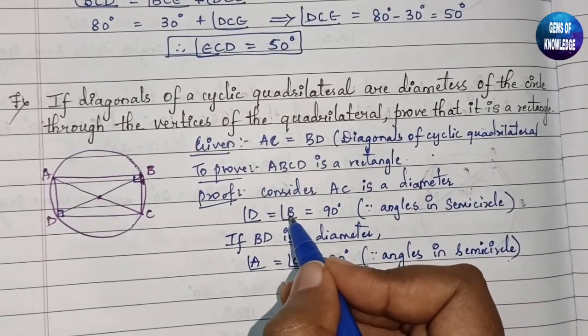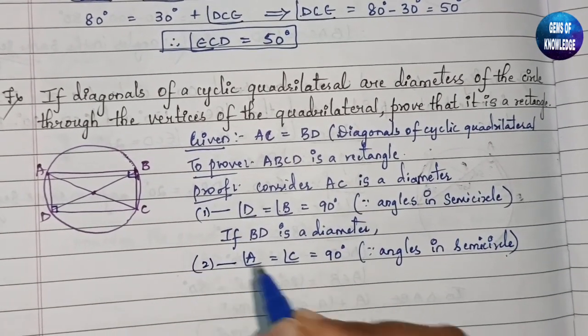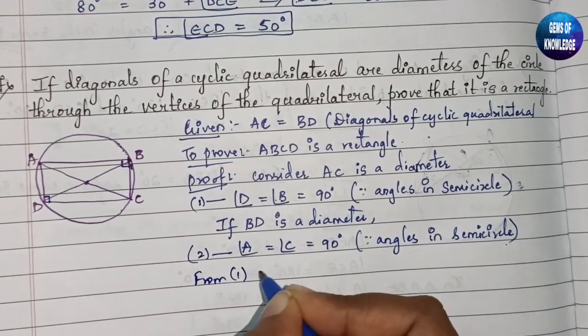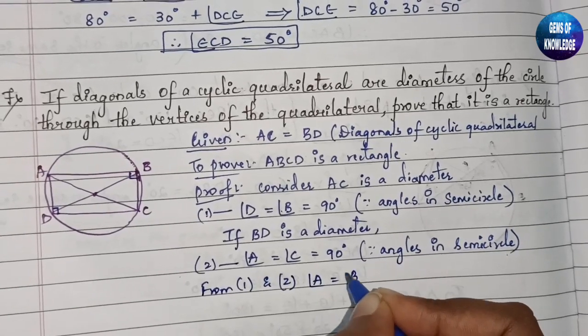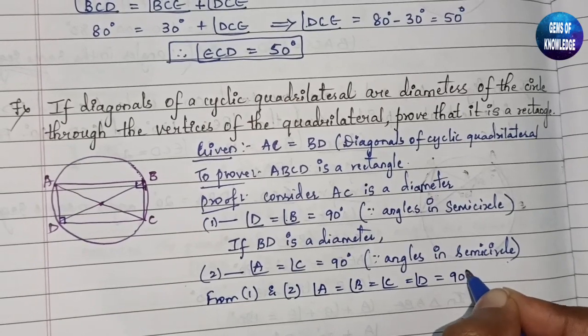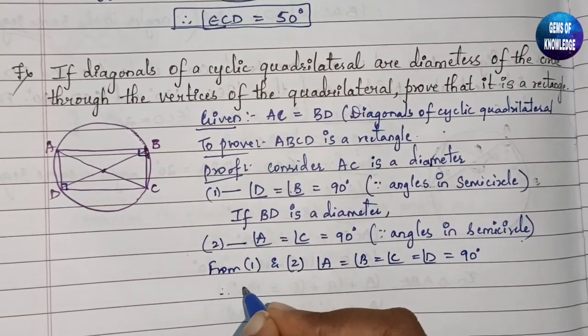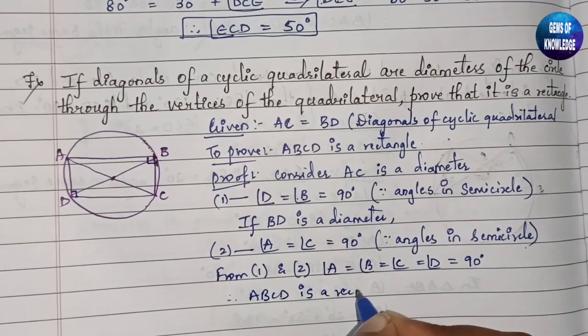Now we'll consider the first as equation 1 and this as equation 2. From equations 1 and 2, angle A is equal to angle B is equal to angle C is equal to angle D. All the four angles are equal to 90 degrees. Therefore, we can say that ABCD is a rectangle.